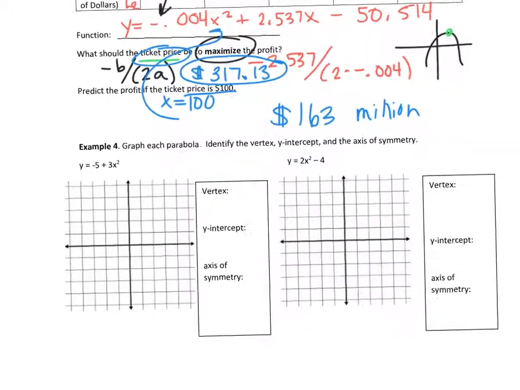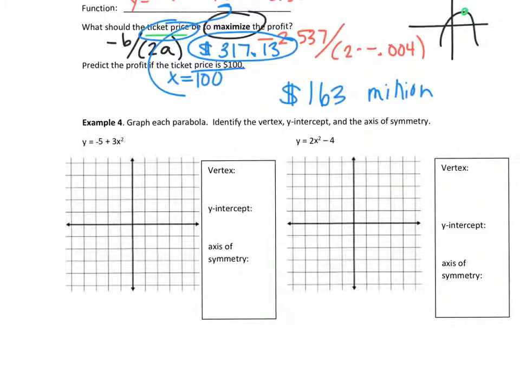Okay, example 4: graph each parabola, identify the vertex, the y-intercept, and the axis of symmetry. So remember, for the vertex, you want to use the formula opposite b over 2a, and then you plug that in for x. Well, there's not a b term because there's not a term in front of x. So this is going to be 0 over 2, and your a is going to be the number in front of the x squared.